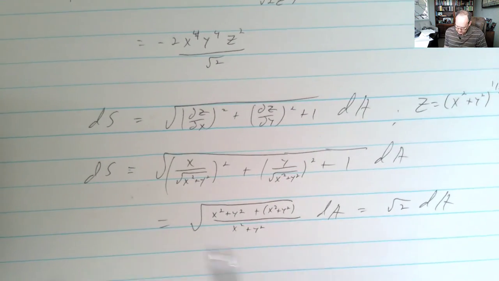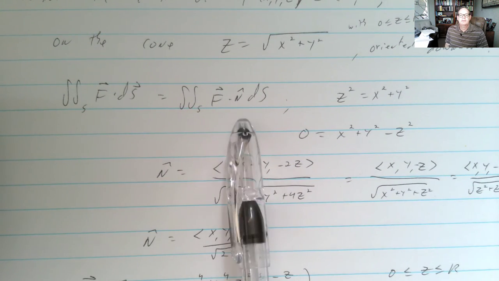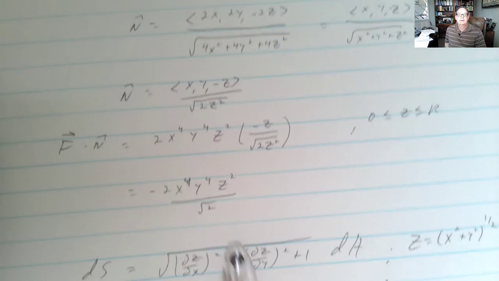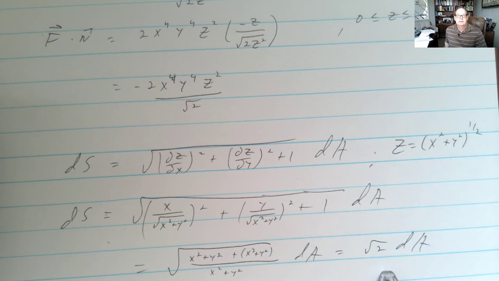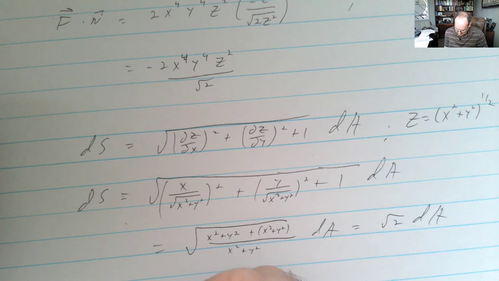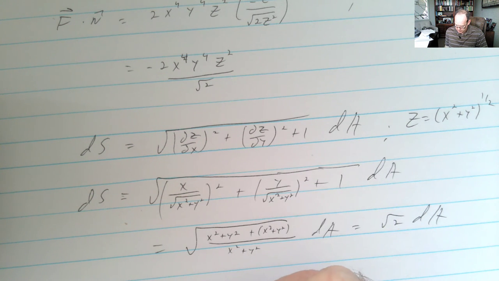So my integral F dot n dS, here's my F dot n, here's my dS. I'll do one more thing. So we have to integrate negative 2 x to the fourth, y to the fourth.